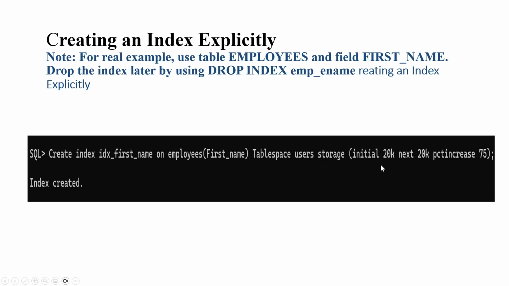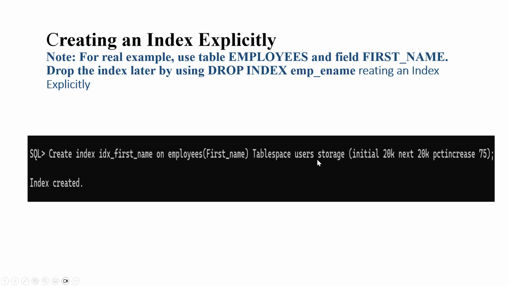Then we are saying that initially it should start with 20K. When this 20K gets completed, assign more 20K, and keep on this increment up to 75%. We will talk about PCT increase shortly.